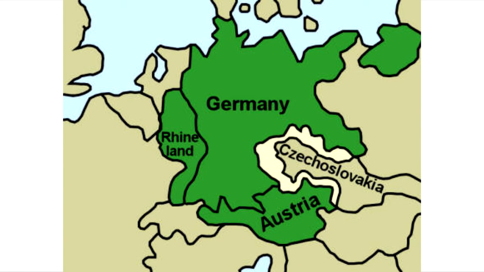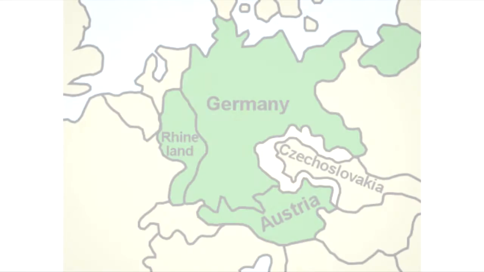Hitler's pretext was the supposed needs suffered by the German populations that inhabited the border regions with Czechoslovakia in the north and west, collectively known as the Sudeten. The Sudeten crisis was one of the relevant events that marked the path to war.